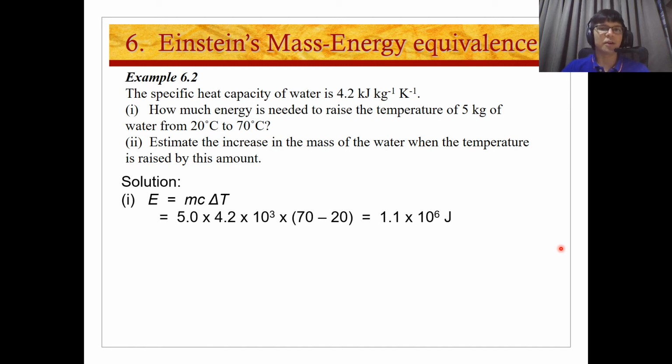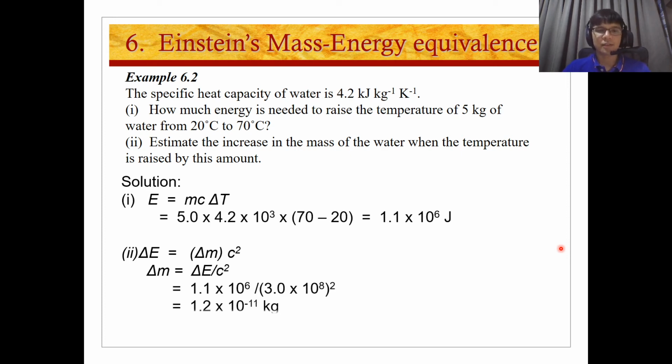Let's calculate the corresponding equivalent mass increase in water. To find the corresponding mass equivalent, I need to use E equals mc squared. I'm going to substitute E as 1.1 times 10 to the power of 6 joules to get the mass. So doing our calculation, we actually get 1.2 times 10 to the power of minus 11 kilograms.